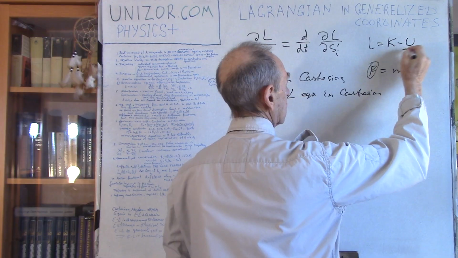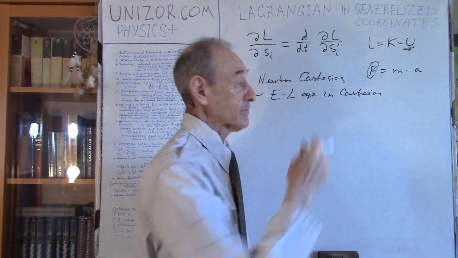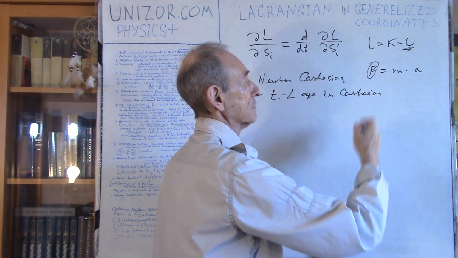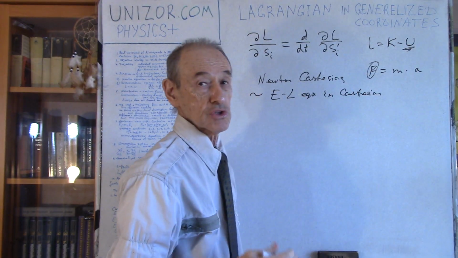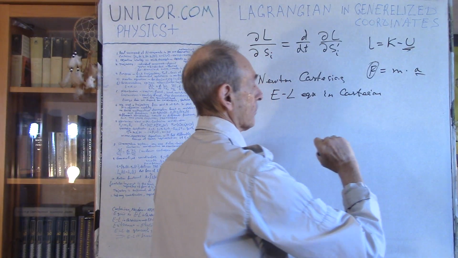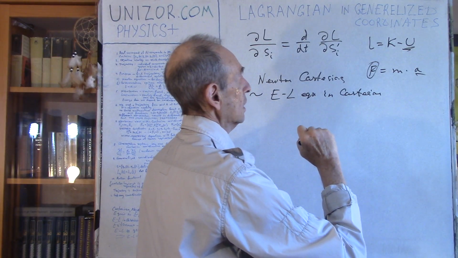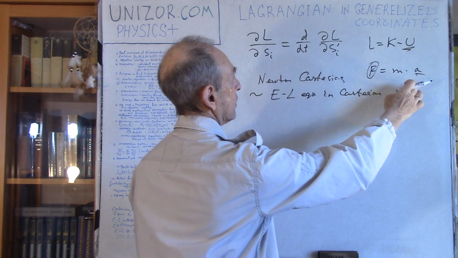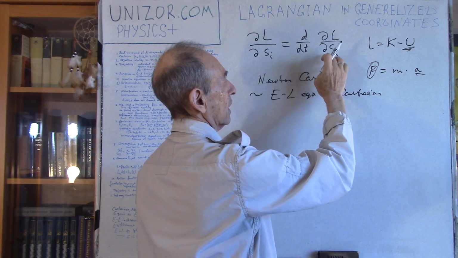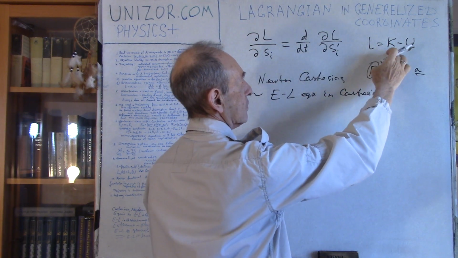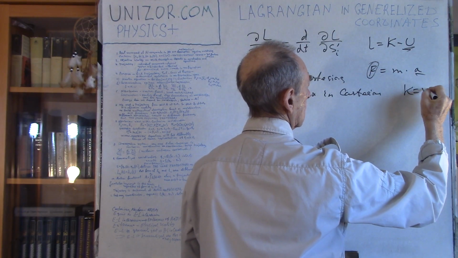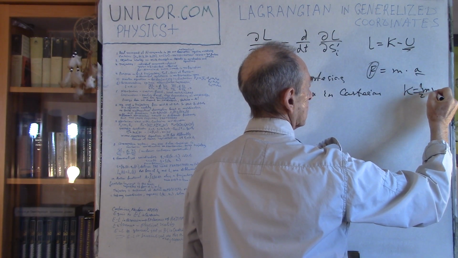And the proof is actually very simple, because you start from F equals m times a. Now F is basically a partial derivative. Every component of F, a three-dimensional vector, is the partial derivative of potential energy by the corresponding coordinates. And acceleration looks exactly like this. Acceleration is the first derivative of the velocity, and velocity was very easily derived from K. K is equal to 1/2 mv squared.